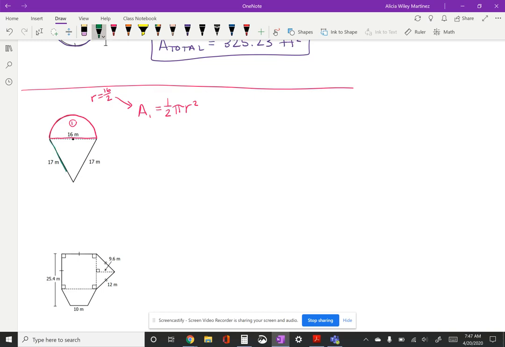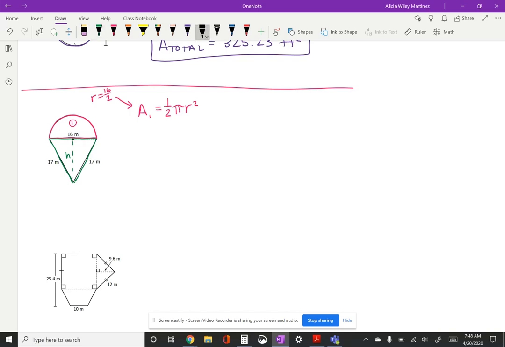Okay? And then for the triangle, this is an isosceles triangle. They don't give us the height. So we need to know what this height is in order to find the area of this triangle. Because this is your base, 16, your height, we don't know it.